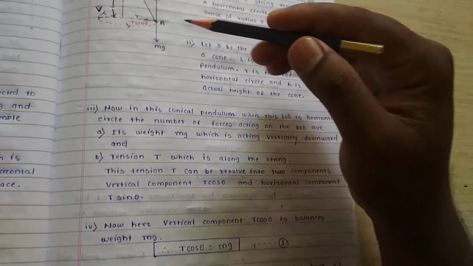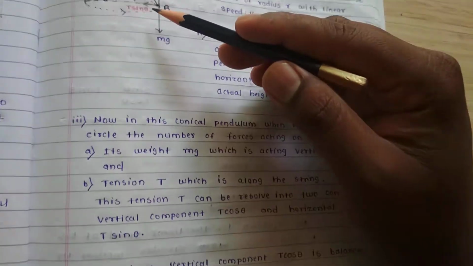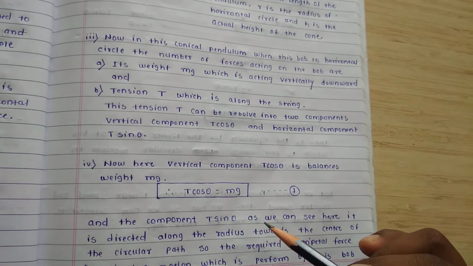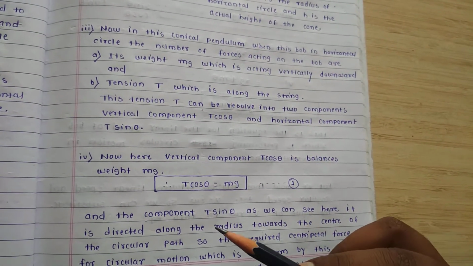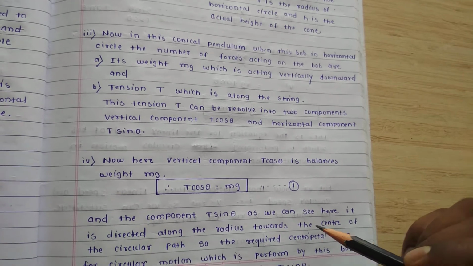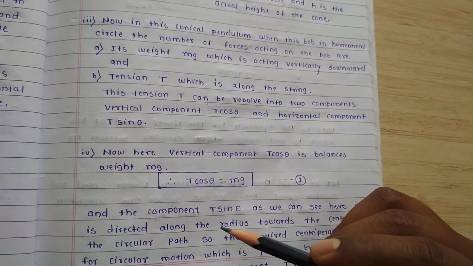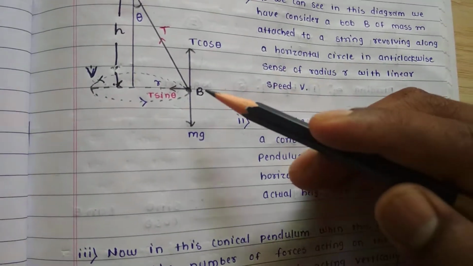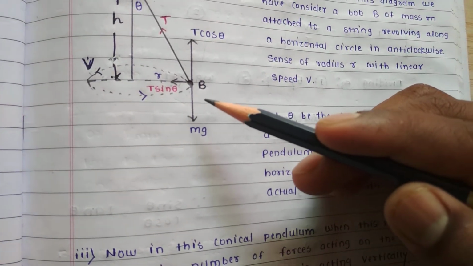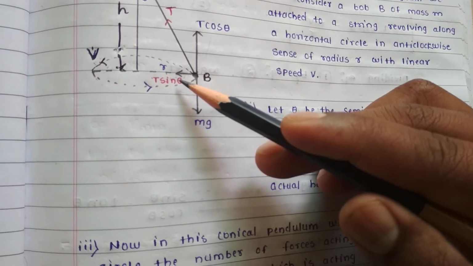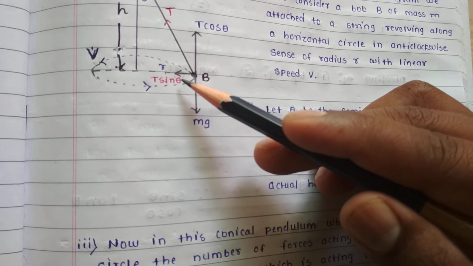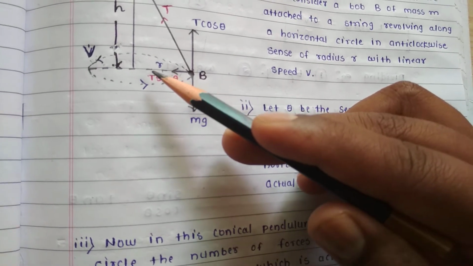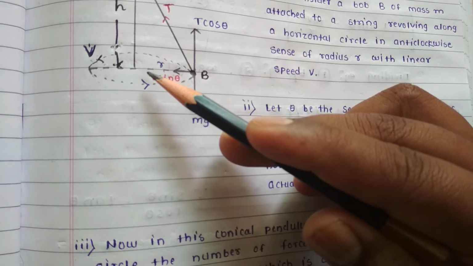The component T sin theta is directed along the radius toward the center of the circular path.